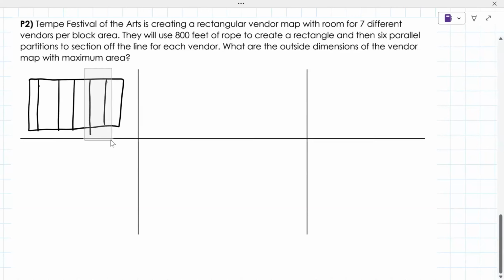The drawing doesn't need to be that good, but we don't want it to be terrible. So there you go: one, two, three, four, five, 6 partitions, creating seven rooms like that.